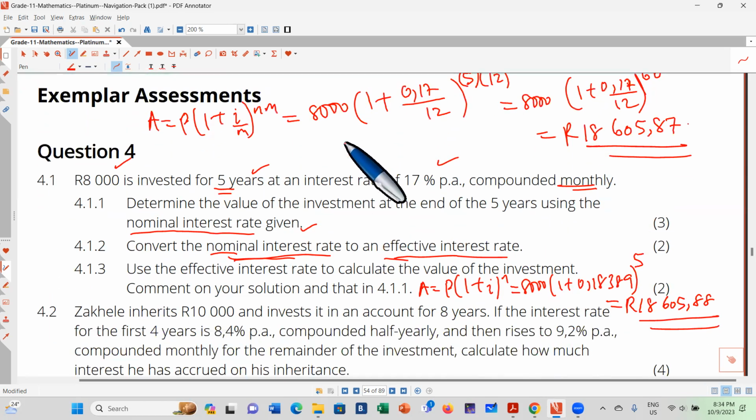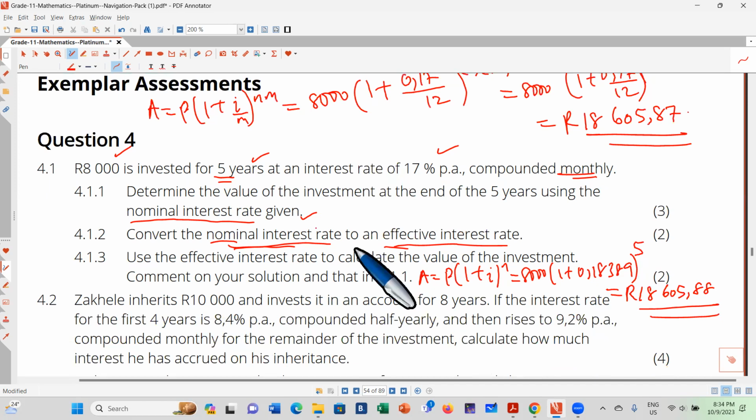So we know the difference: if you use the nominal rate, you use the formula A equals P into 1 plus I over M, to the power N times M. This one is for the nominal rate and this one is for the effective rate. The effective rate is per annum, and this one can be per month, per quarter, etc. I'm just trying to demonstrate the difference.